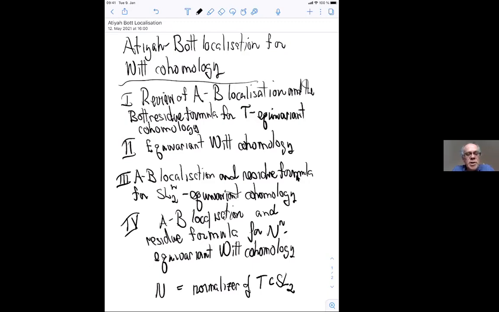Then you can reduce the computation of characteristic classes to some representation theory of, say, the bundles that are being looked at the fixed points. And yeah, so it's a useful computational tool.